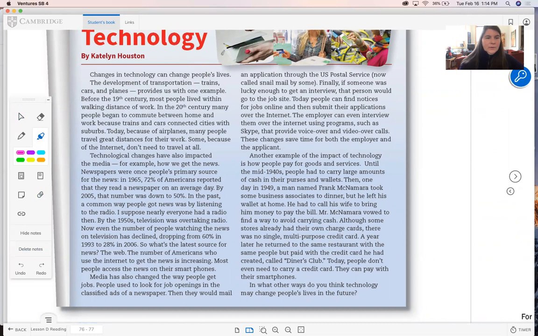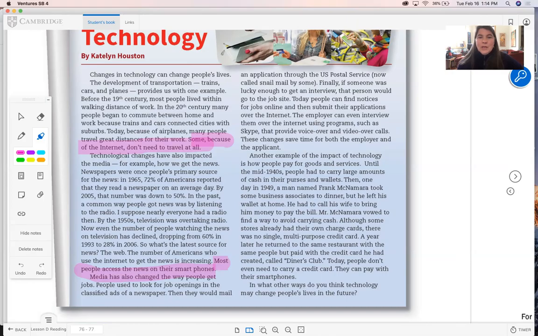So over here, because of the internet, some people don't need to travel at all. That's good, right? And what about getting their news? Most people can access the news on their smartphones, right? So they don't need to get a newspaper.